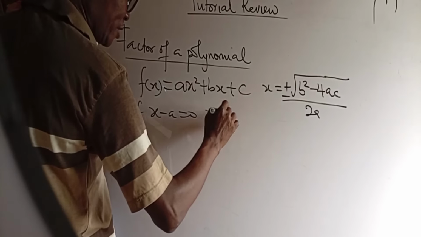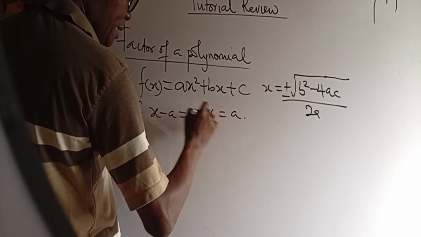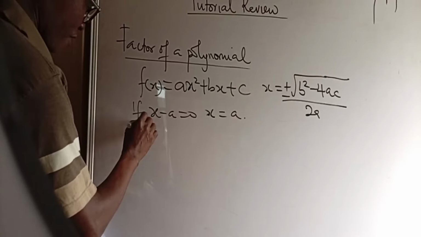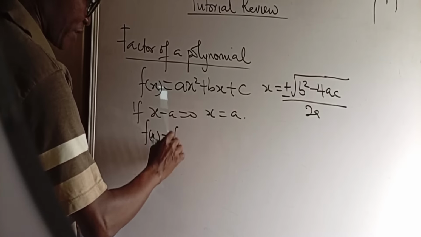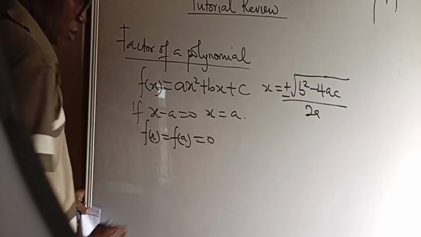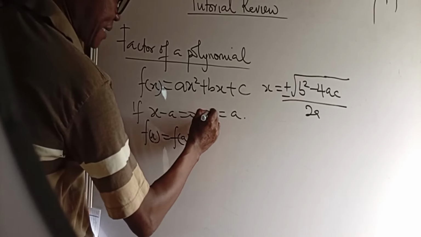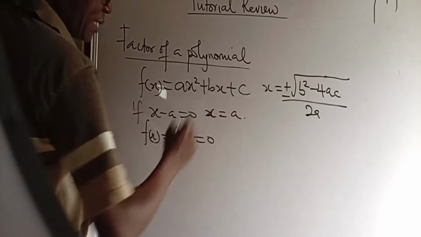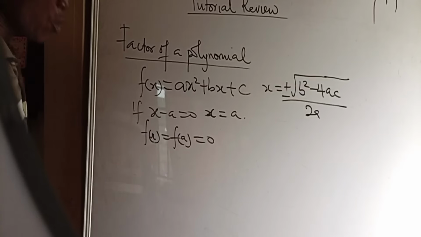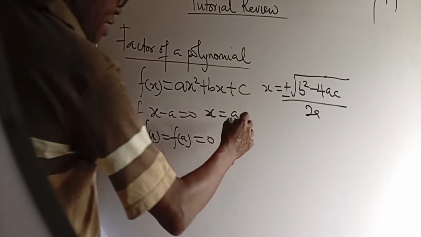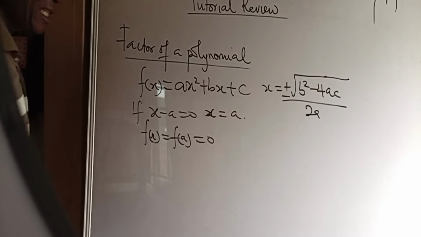Now x will tend to a, so f of a will be equal to 0. So x equals a is the root that gives us 0, which invariably means x minus a is the divisor.